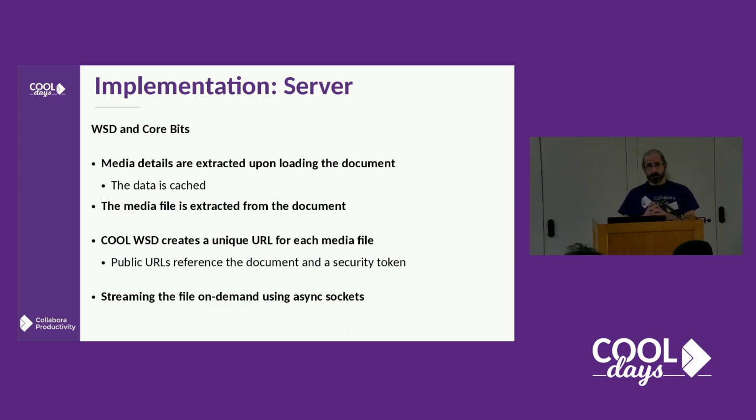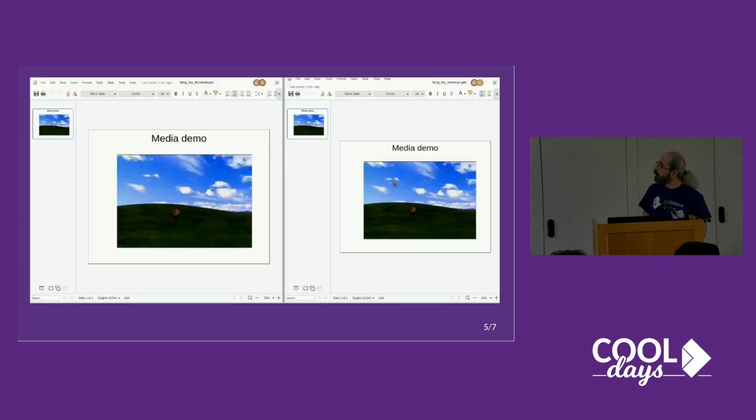So all of this is packaged into one admittedly long URL that is unique, that is safe, and so on. And that's what we expose to the document. From then on, once we get the request, we stream the file just like any other streaming service. It all works fairly easily.